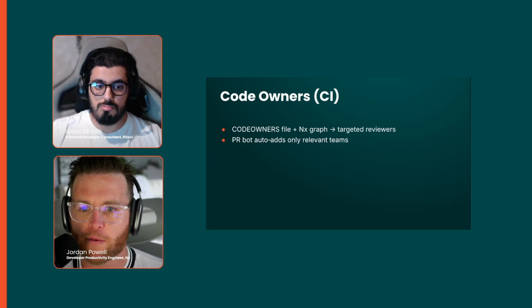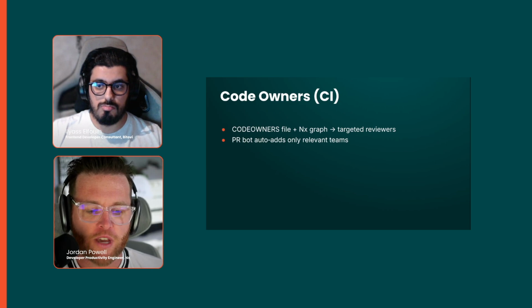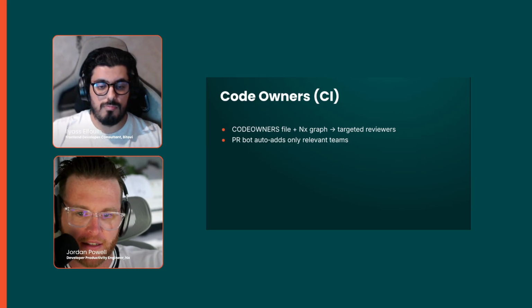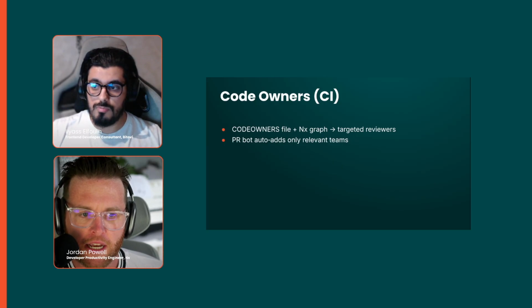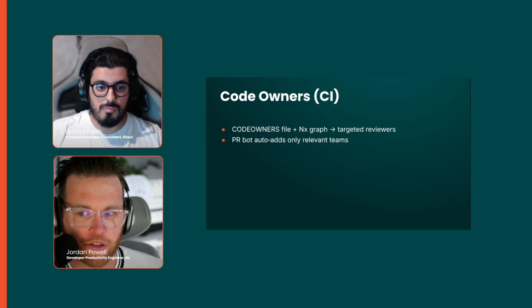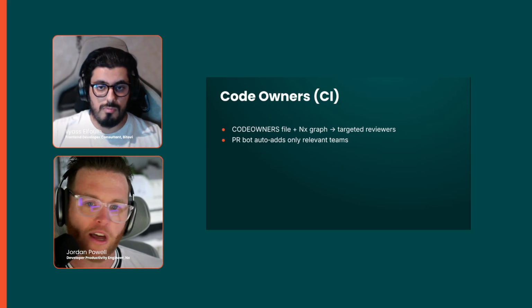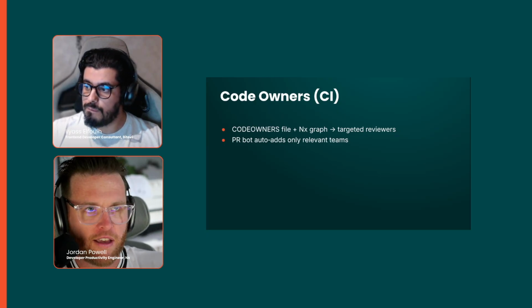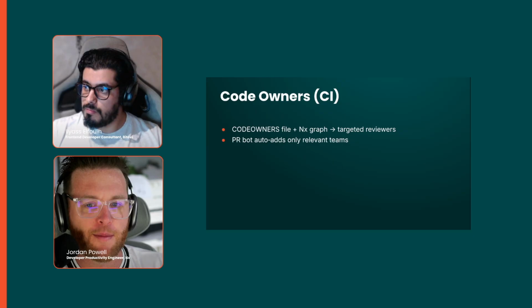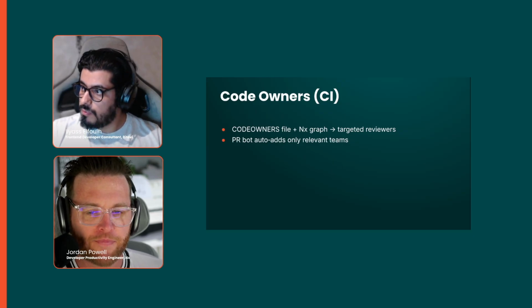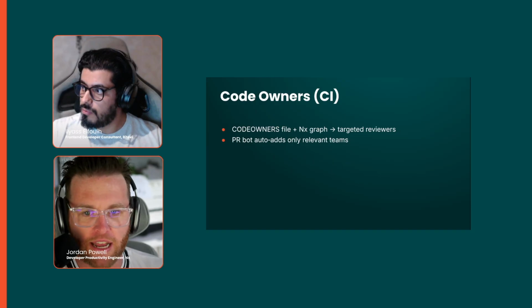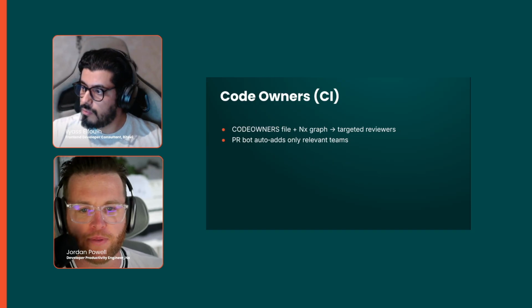This is a great way to encourage cross-team collaboration and working across domains, but the team that is ultimately affected or owns the code that is changed is still required to put their stamp of approval on it before it gets merged, so everyone still feels like they have ownership of their code.